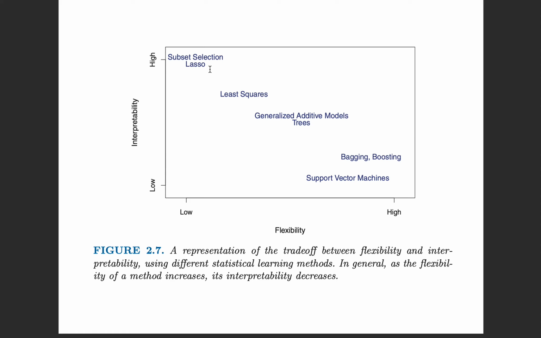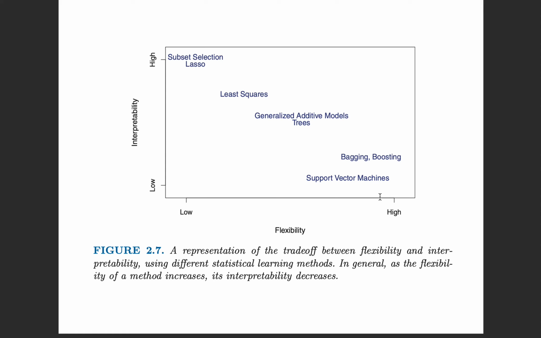So here we have subset selection, lasso, least squares, we have trees, and then support vector machines. And then you also have neural networks here. These tools work more like really powerful black boxes, which can learn from the data, but they don't really tell us much about what is related to what, though there are some ways people are working on it.